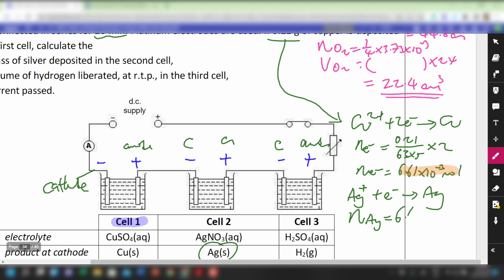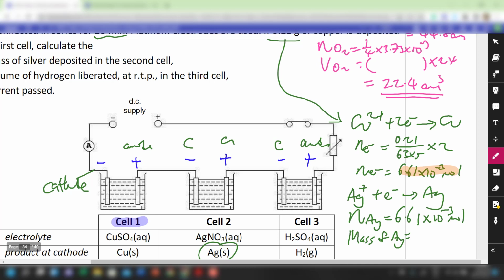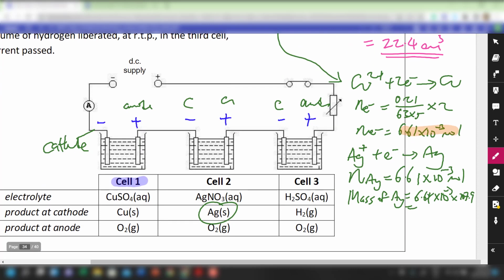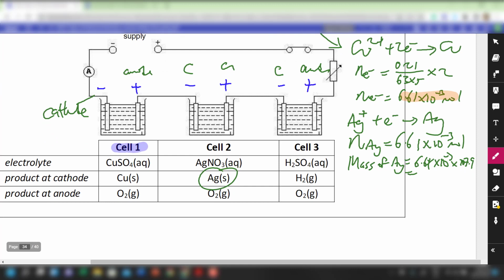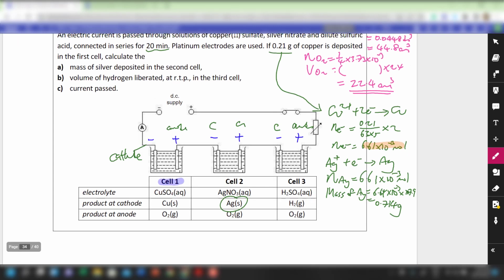That will be 6.61 times 10 to the power minus 3 moles. So the mass of silver deposited will be 6.61 times 10 to the power minus 3 multiplied by the relative atomic mass of silver, 107.9. We punch in the numbers and we should get 0.714 grams. That will be the answer to part A.